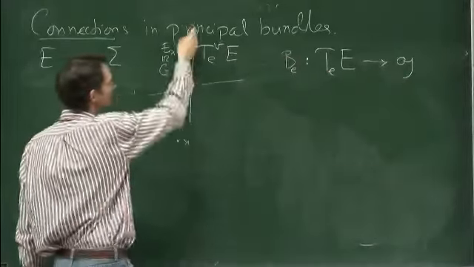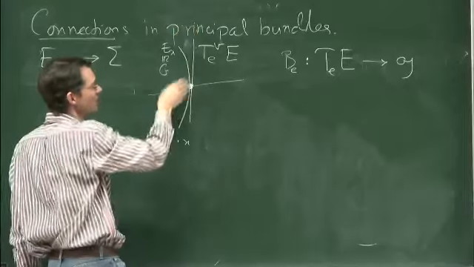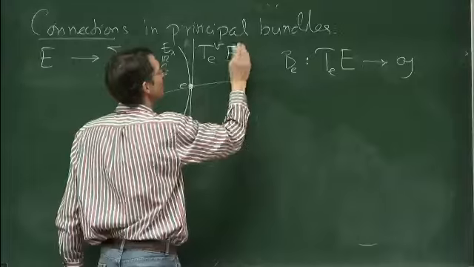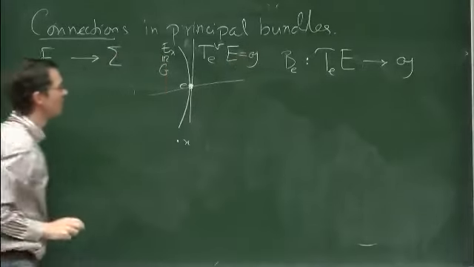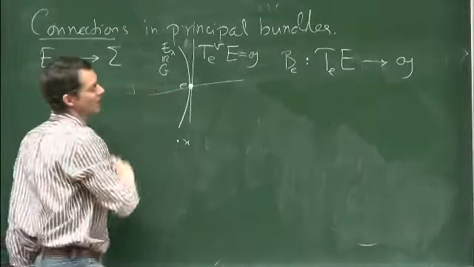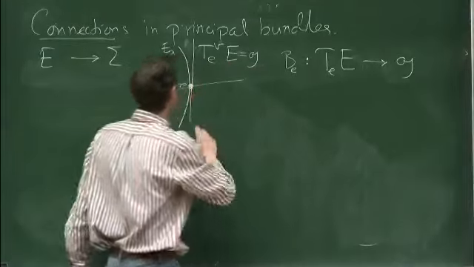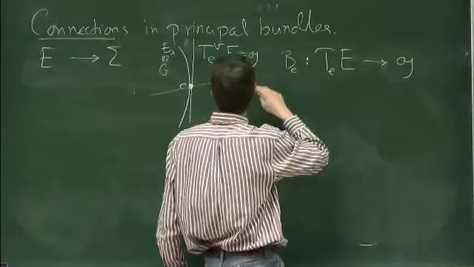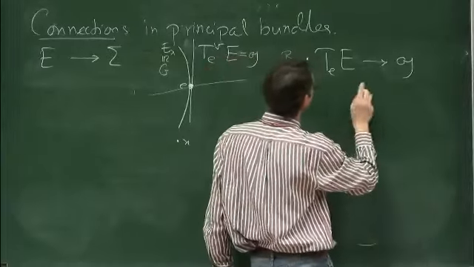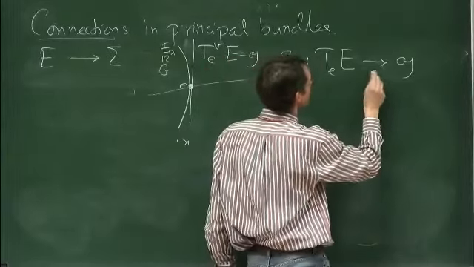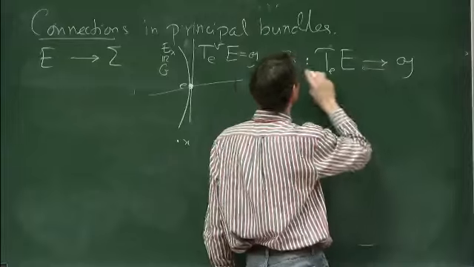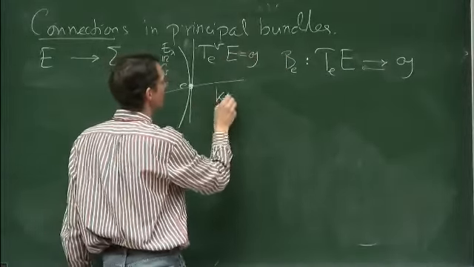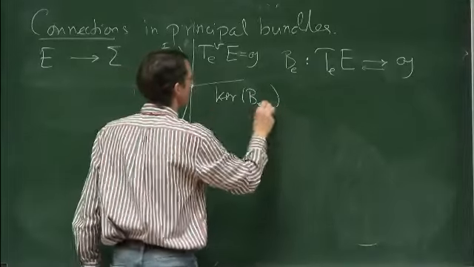Let's require that this linear map be the identity on the fiber, because the fiber is really canonically identified with g once we've chosen the E. So it restricts to the identity here, and the complement is the kernel. So it's really just a splitting of this canonical inclusion, right? And the connection is just a splitting; this horizontal subspace is the kernel of B.